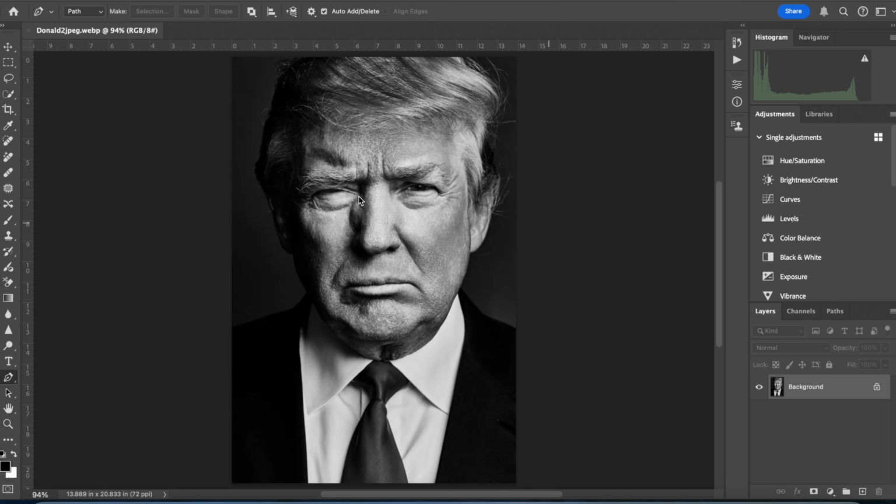So as you can see right here, you see how both sliders are moving, the slider on the top is moving, the slider on the left is moving. I put it at the corner of his eye. I'm at 6 inches from left to right and 6 3/4 inches from top to bottom, okay? So as you can see, 6 3/4 from top to bottom and 6 from left to right, okay?